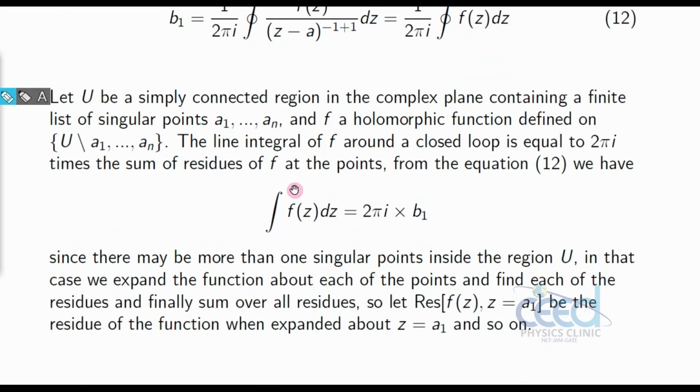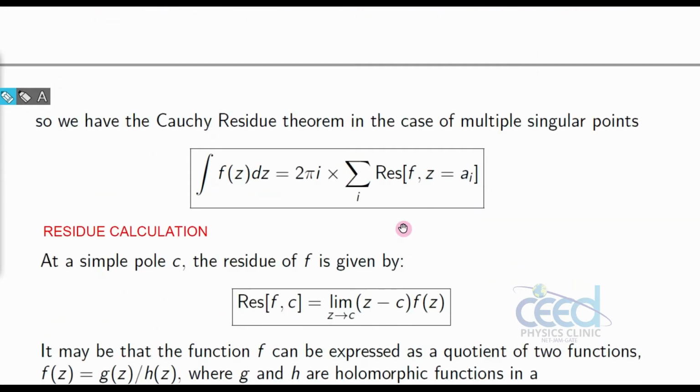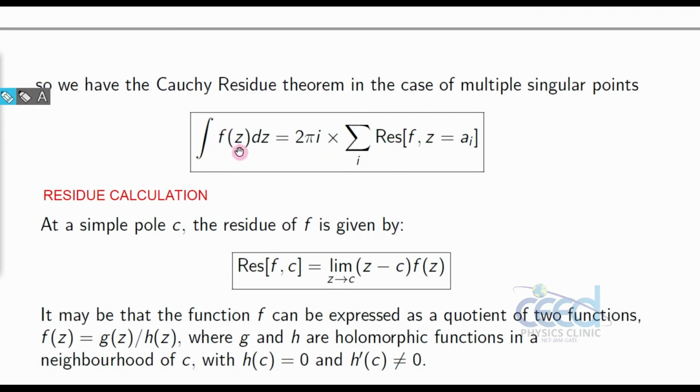So we have seen integral f of z dz is equal to 2 pi i into b1, right? Now this theorem we already discussed: integral f of z dz is equal to 2 pi i into the sum of all the residues. This theorem we call Cauchy's residue theorem, and its importance is that we can calculate integrals of complex functions.